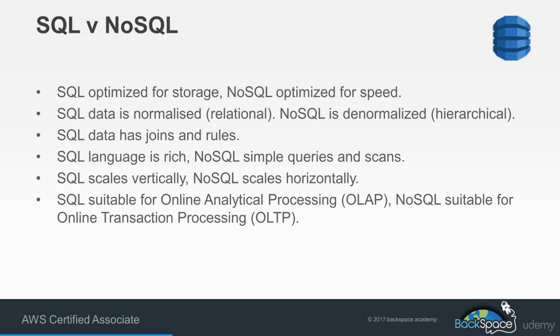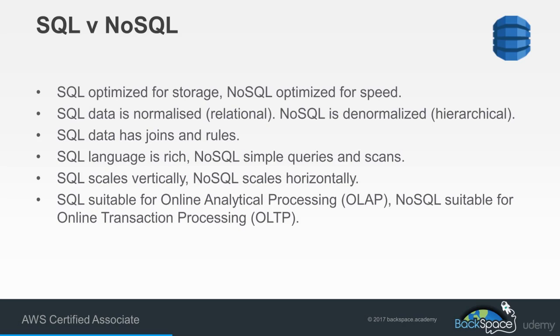So the SQL data is normalized, or it's a relational database. So you might have a client database with individual people's records in that, and they might work for a company. So they've got a company ID for that company, and that would have a relationship to another table called companies, and the primary key of that table would be the company ID.